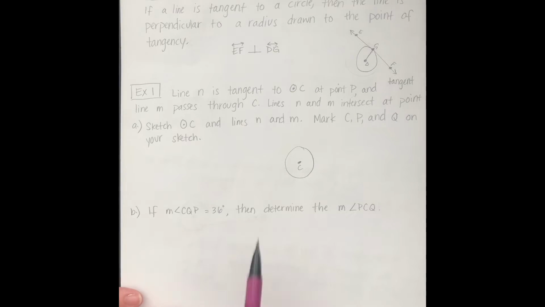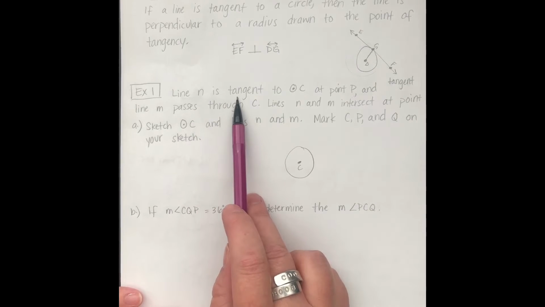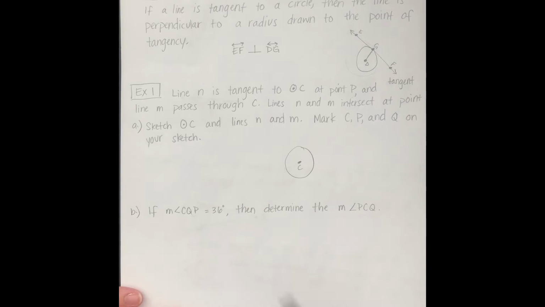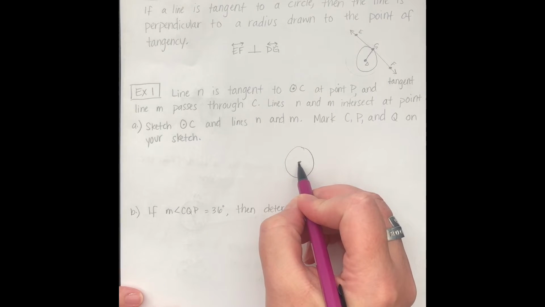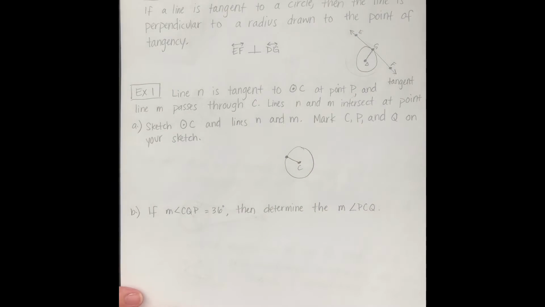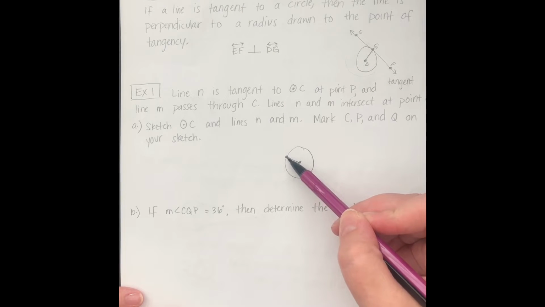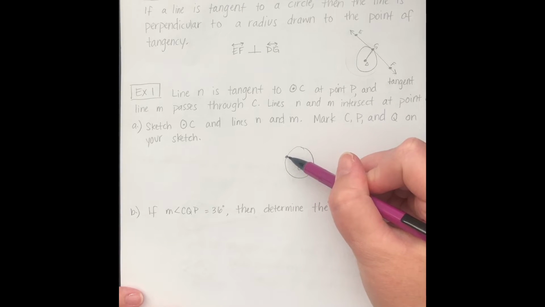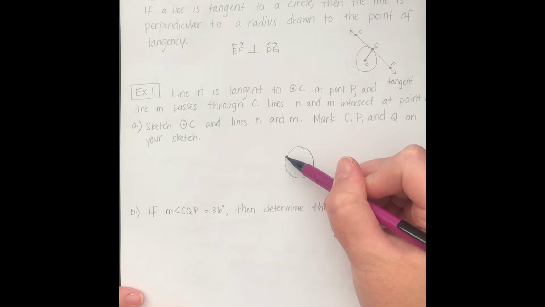So let's read this back. Line N is tangent to circle C. So let's draw a radius. It goes from the center of the circle to the side of the circle. And a tangent line is going to touch the circle at one point. So I'm going to draw it like this.